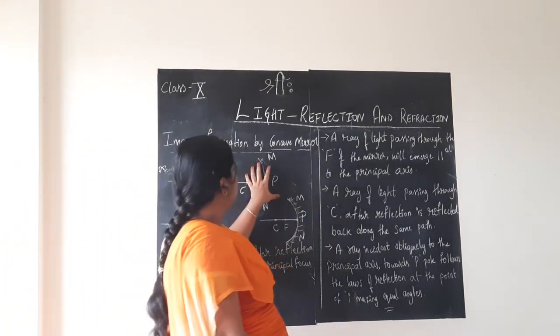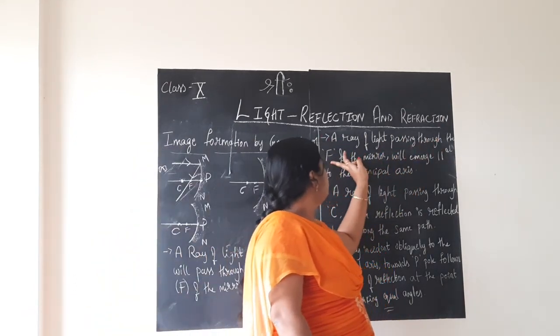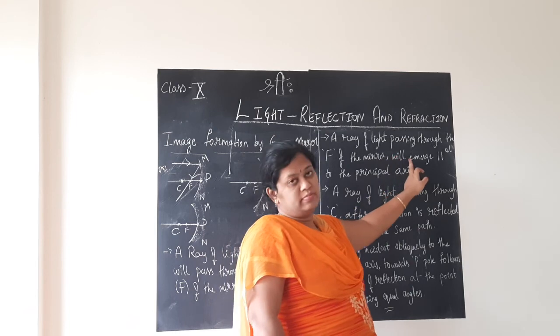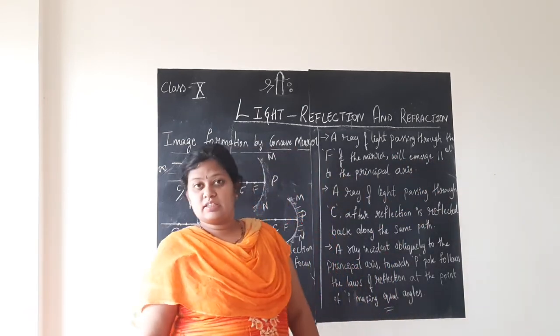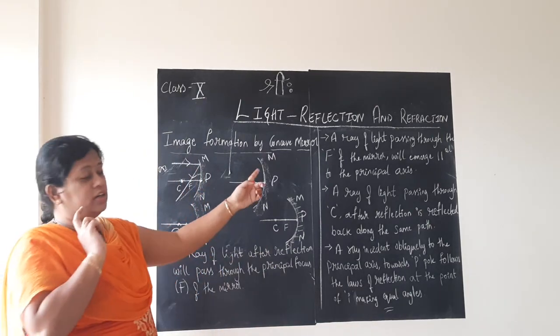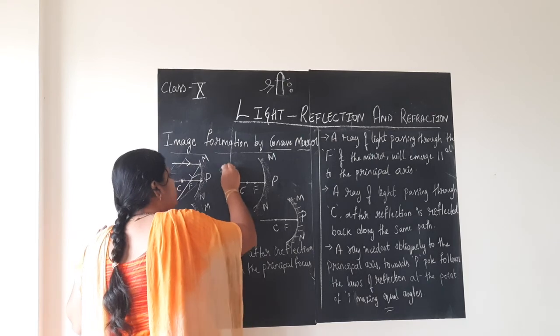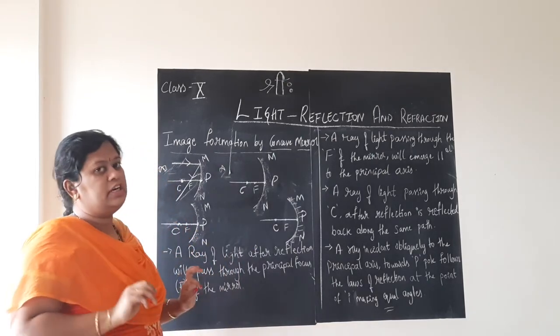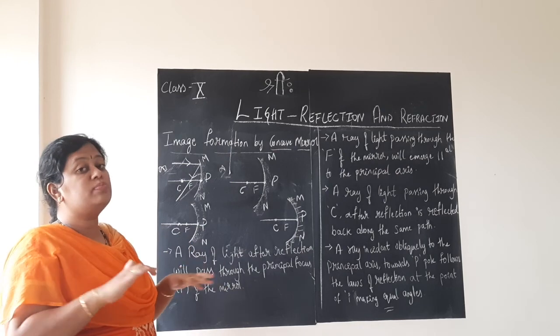Second point, I am showing with the help of second ray diagram. A ray of light passing through the principal focus of the mirror will emerge parallel to the principal axis. What does it mean? Now you know what is principal focus, what is principal axis. If a ray of light comes from infinity without object, without image, and you draw a ray diagram, it is meaningless, children.